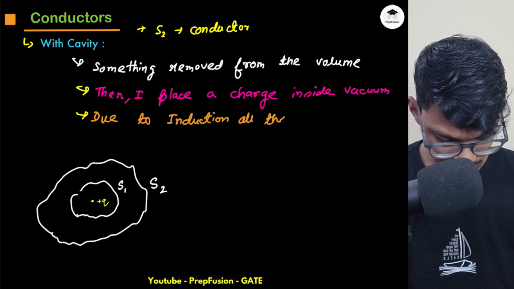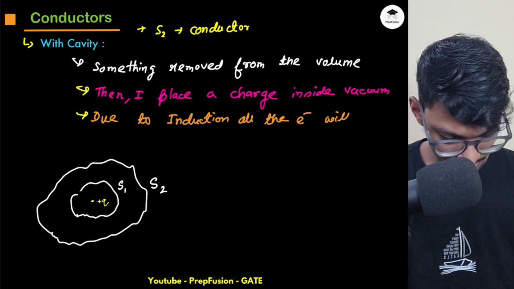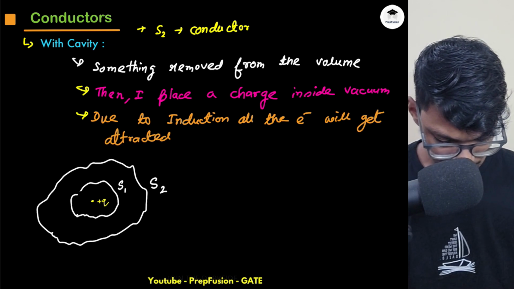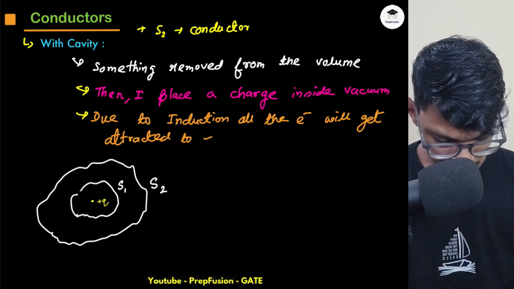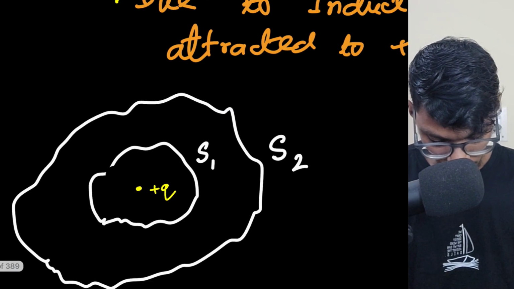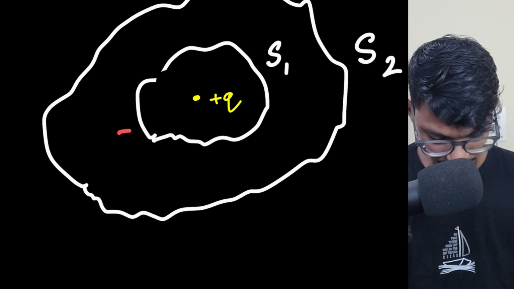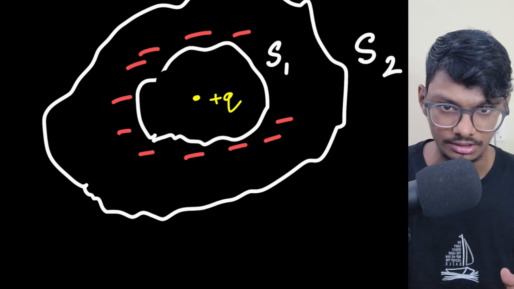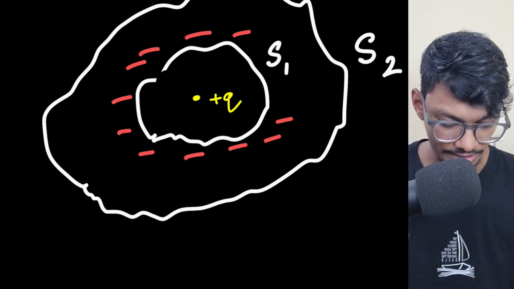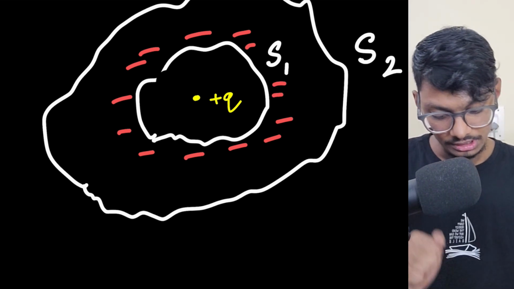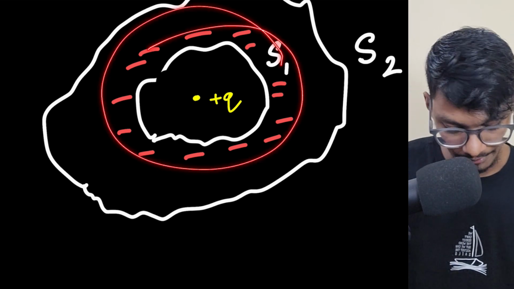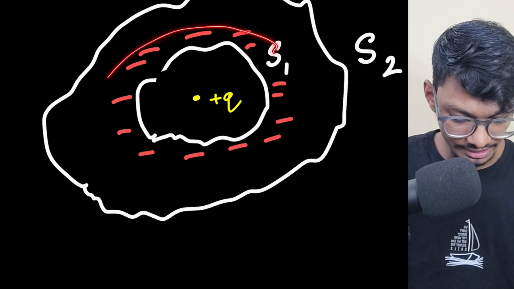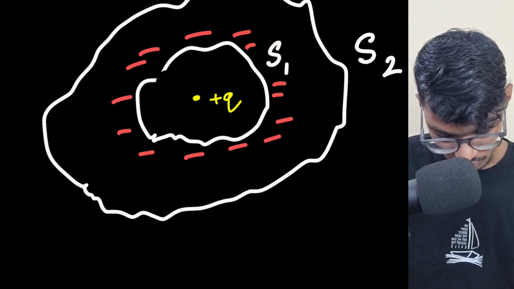All the electrons will get attracted to plus Q. They cannot go outside of the conductor, so they will remain at the surface of the inside cavity of the conductor. Overall it should generate minus Q of charge.